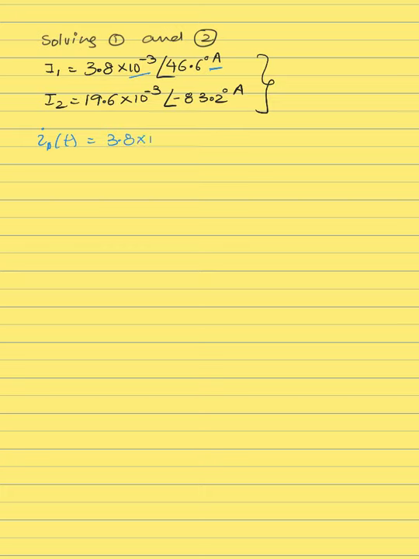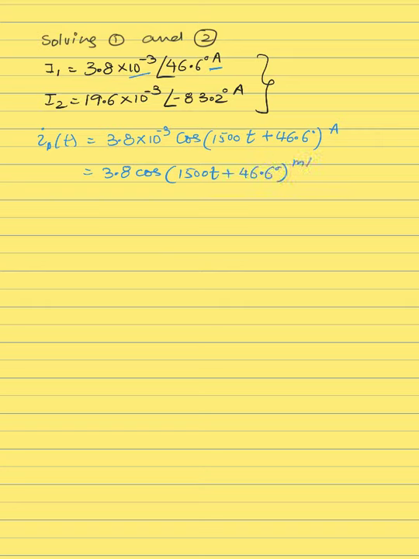You can say 10 to the power negative 3 in here as well, and then it's a cos function, and the frequency we're working on is 1500t, and the first equation has a positive phase, so plus 46.6 in amperes. You can also skip that 10 to the power negative 3, and you can change the units to milliamperes. So that's also a valid format to write the answer.